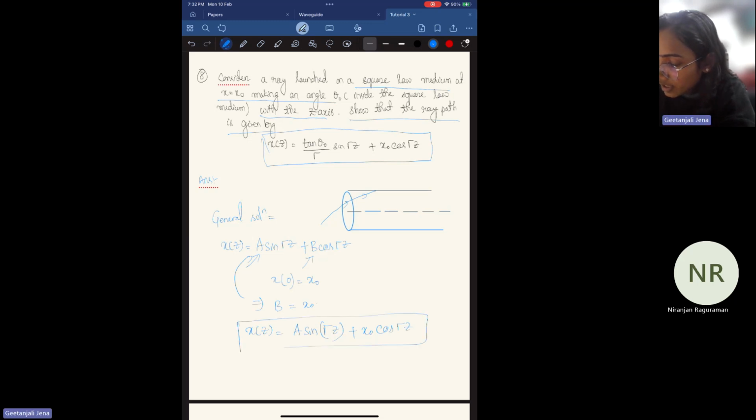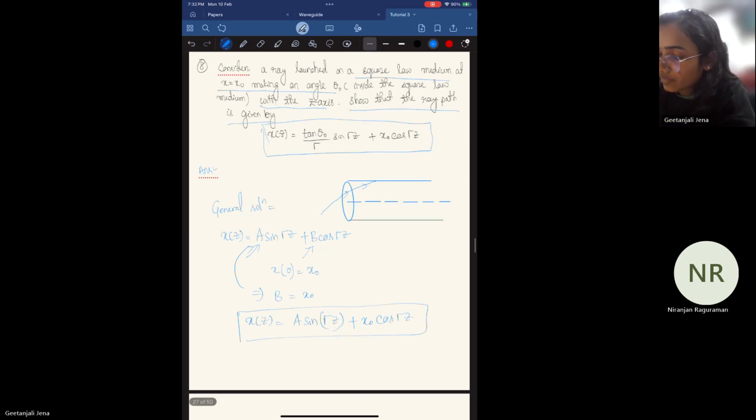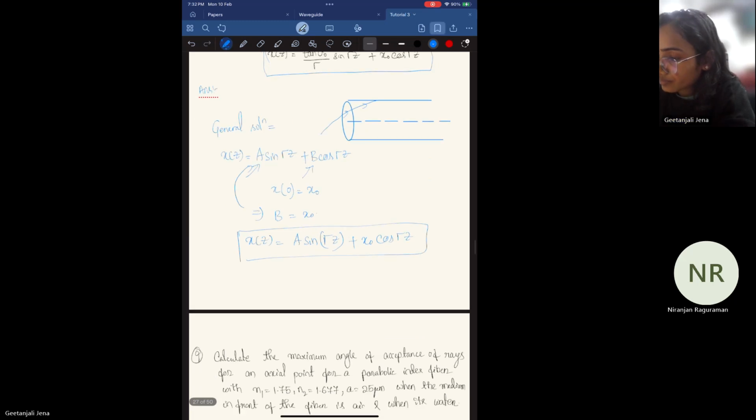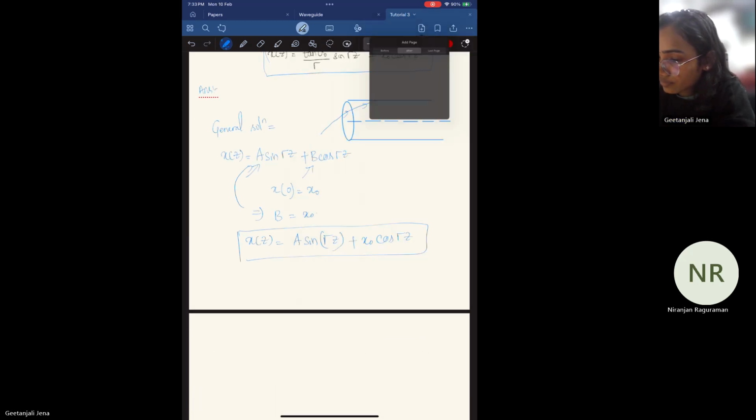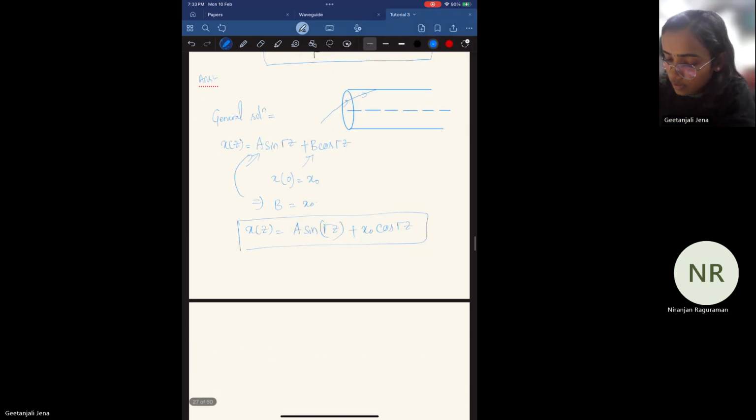What is the other boundary condition we have now? It is the slope. So the slope dx by dz at z equal to 0 is tan theta 0. Just use the derivative of this equation.